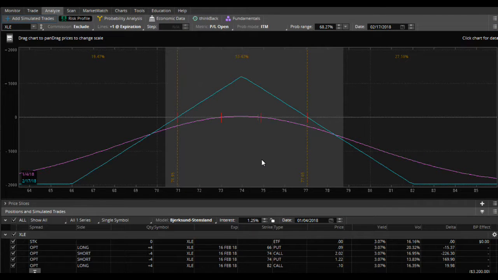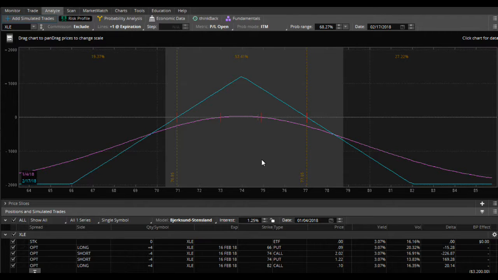This XLE security is one that we haven't really traded very regularly. There just hasn't been that much IV, and there hasn't been that much credit in the security, but it is one that I watch pretty regularly. It is an energy ETF, and so as we know right now, oil is moving. Nat gas has been kind of volatile, and so it tracks companies in the energy sector.